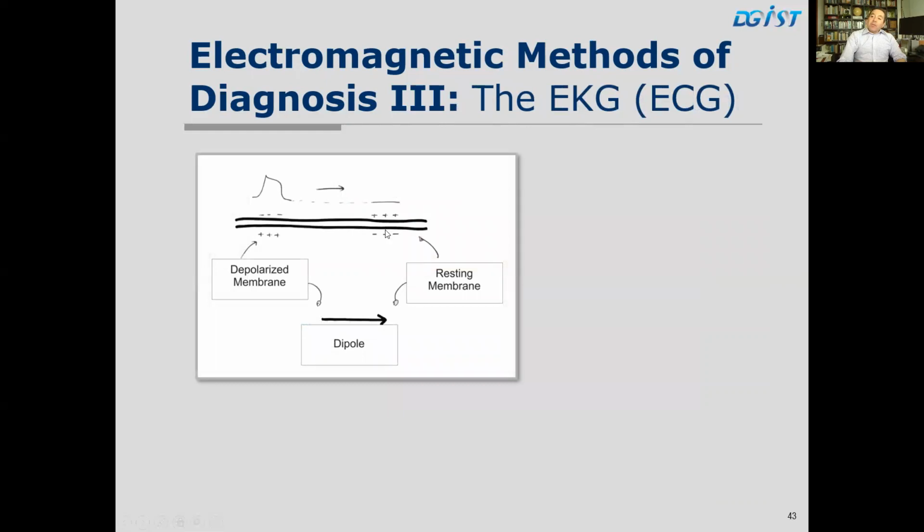Now, if we have this resting potential here, the inside is negative, and during the action potential for a certain period of time, the outside is negative or the inside is positive. That means if this is occurring over the heart, a certain region will be depolarized, a certain region will be resting, because the heart doesn't contract and electrically active all at the same time.